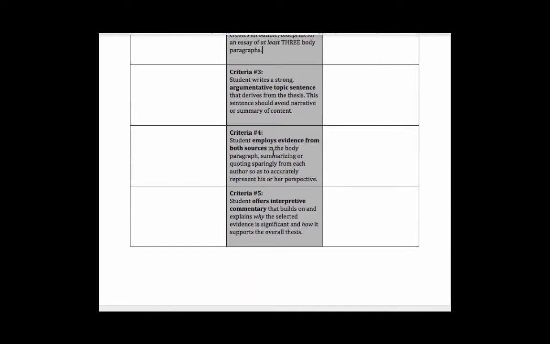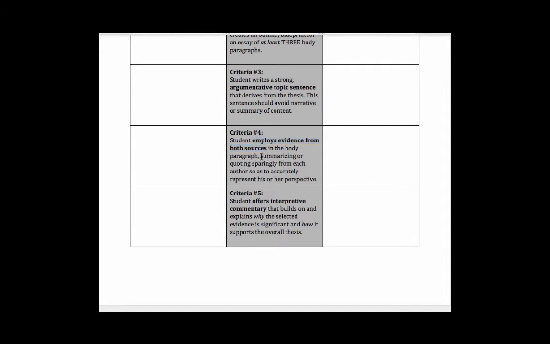The fourth criteria that I'm looking for has to do with the fact that you're using 2 different sources for this writing assignment. So I want to see that you've engaged with both of these sources, and I want to see you use evidence from both of them in the body paragraph.